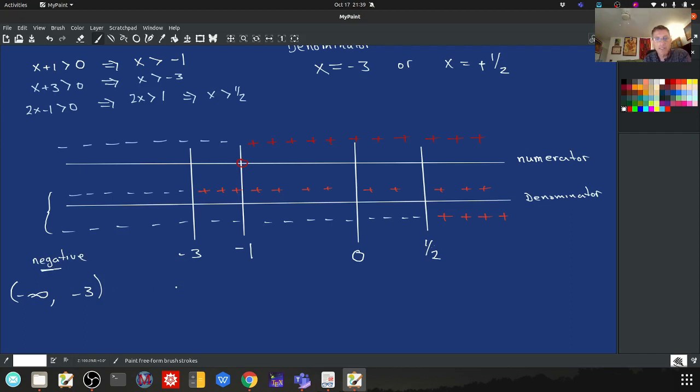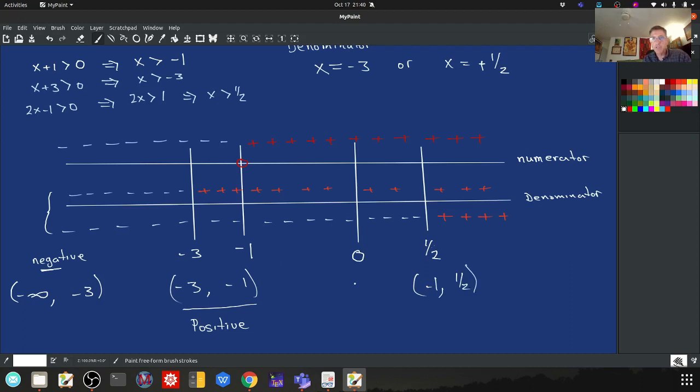Now let's look at the interval from minus 3 to minus 1. I have a negative and a negative, which is a positive, which is then multiplied by a positive. So over this interval, it is positive. Now let's look over the interval from minus 1 to 1/2.